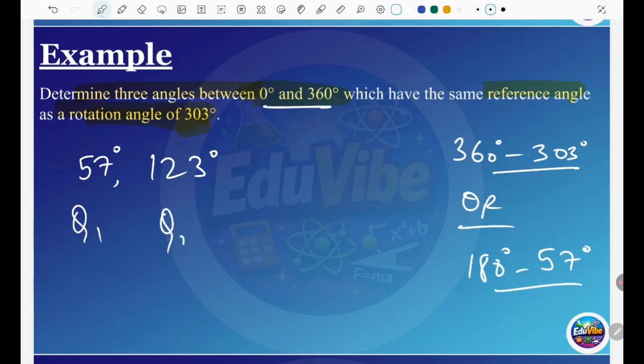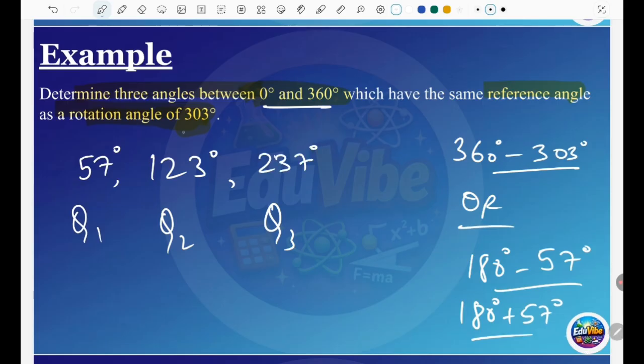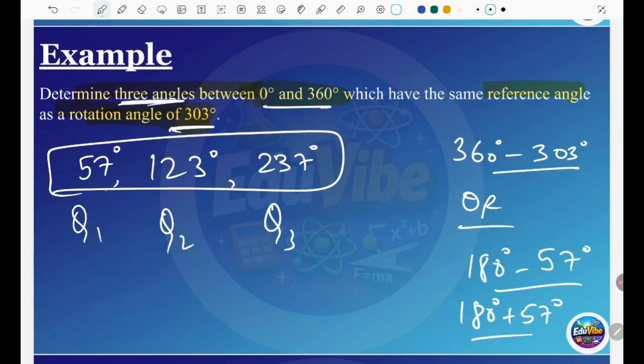This is for quadrant 2, and this is for quadrant 3: 180 degrees plus 57 degrees. You will get 237 degrees. They gave us the last angle, but they want the three angles. So these are those three angles between 0 and 360 degrees that have the same reference angle.